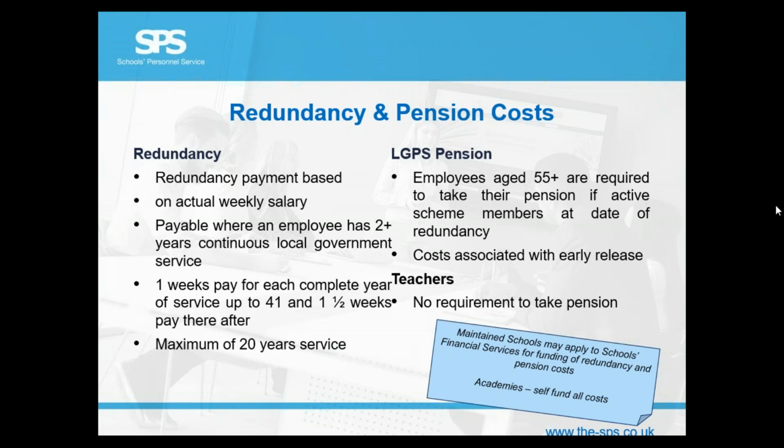So even if in your own academy contract you state that you recognise service from the start of their employment with your academy, for the purposes of redundancy and redundancy legislation, it's all continuous employment in maintained schools, regardless of what you might state in your contract.